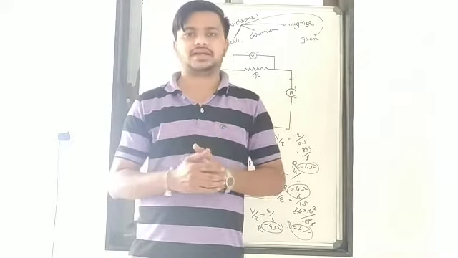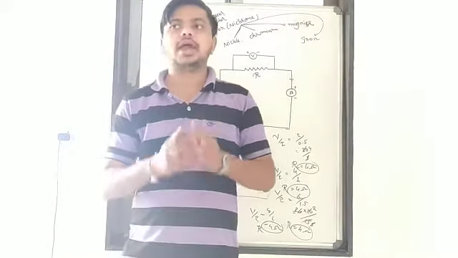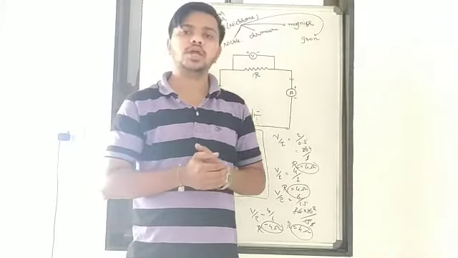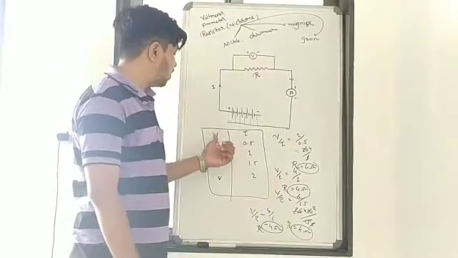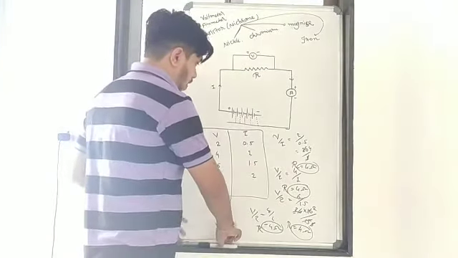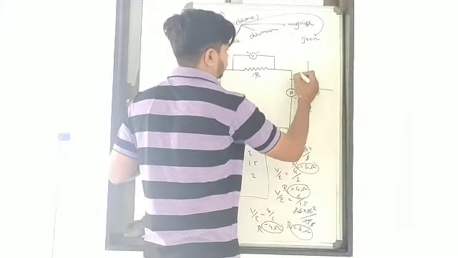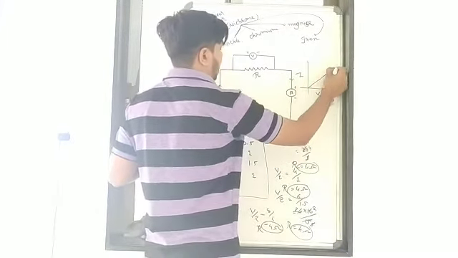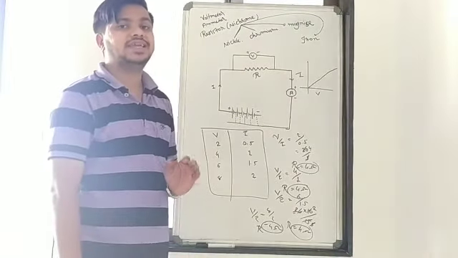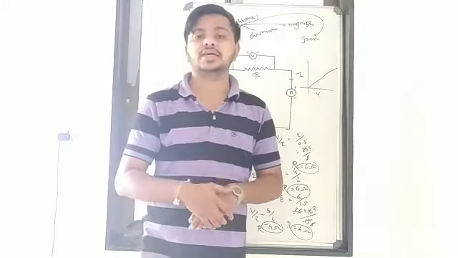Now repeat this whole practical with 2 batteries, 3 batteries, 4 batteries, 5 batteries, etc. And note all the readings of V and I. Then you get different values of V and I. If you draw a graph with V and I, then you get a straight line, which says that this V and I ratio is always the same.